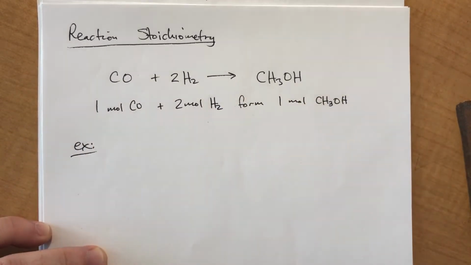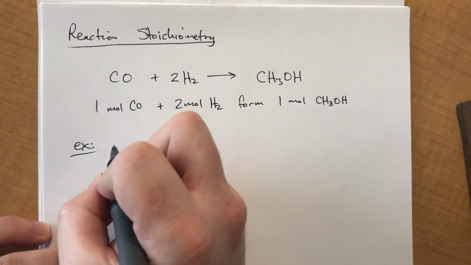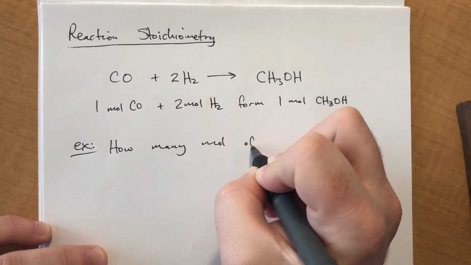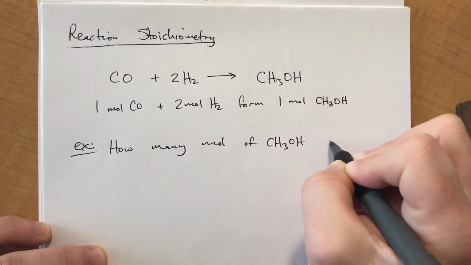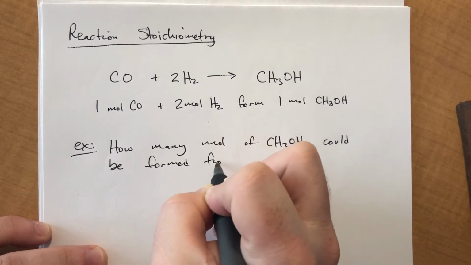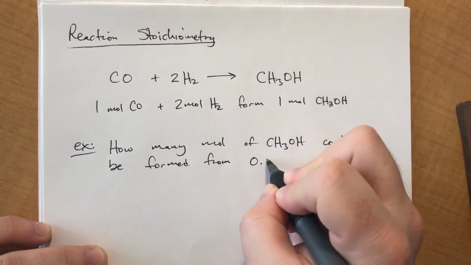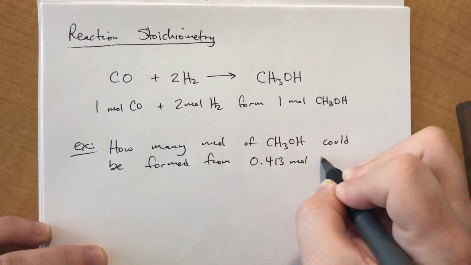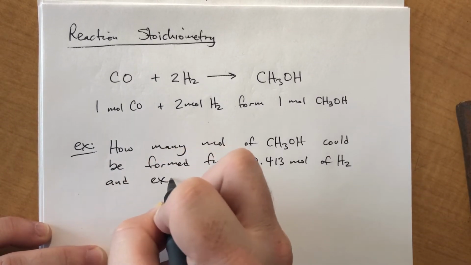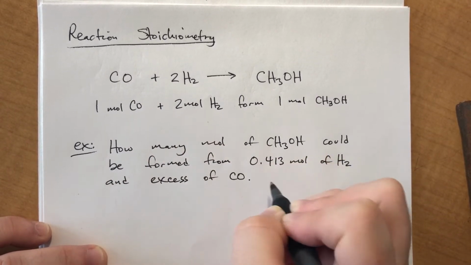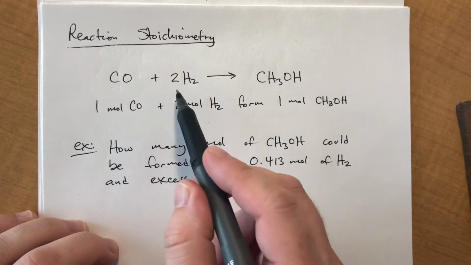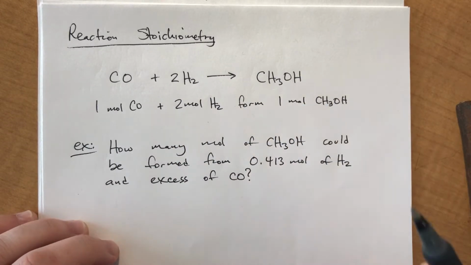Let's say we had this balanced equation already set up, and we want to know how many moles of CH3OH could be formed from 0.413 moles of H2 and an excess of CO. So let's say we have a whole bunch of this and we have 0.413 moles of this stuff, and we want to know how many moles of this can we make.